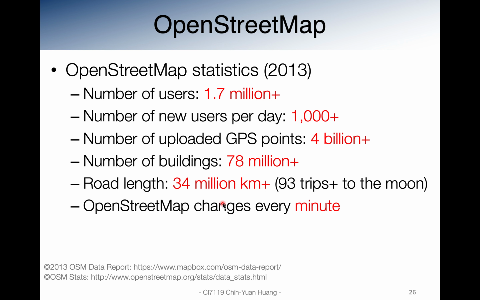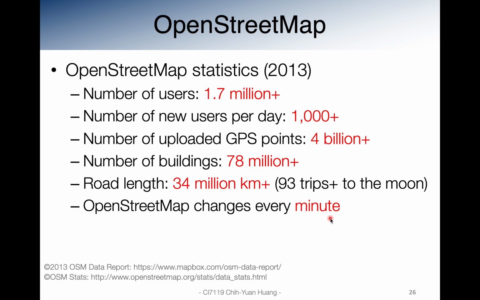and as you can see, because everyone can modify and digitize the map on the OpenStreetMap, the OpenStreetMap actually changes every minute. Every minute there's a new update on the OpenStreetMap.